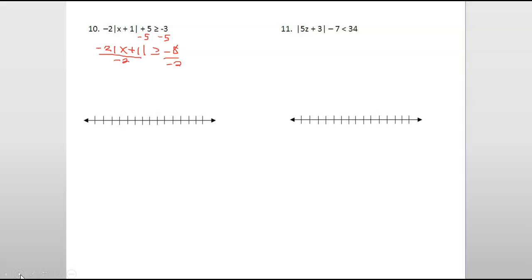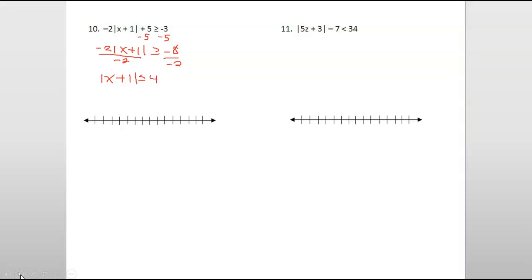When I divide by a negative, the absolute value doesn't change, but the direction of the inequality does. So you get the absolute value of x plus 1 less than 4. Now my absolute value is isolated.